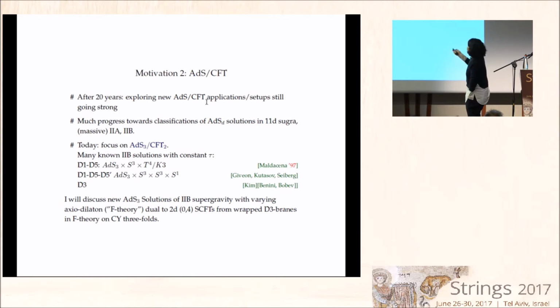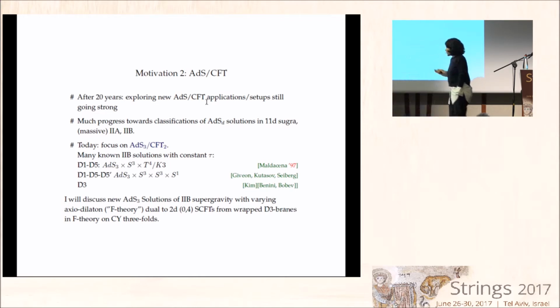So if you're an AdS/CFT person, this is the cue why this should maybe be of interest. After 20 years, it's still exciting, and actually possible, to find new solutions. There's been a lot of progress in higher dimensions, but here I'll focus on AdS3. Of course, in the first Maldacena paper already, there's an AdS3 solution, AdS3 times S3 times T4, dual to D1-D5.